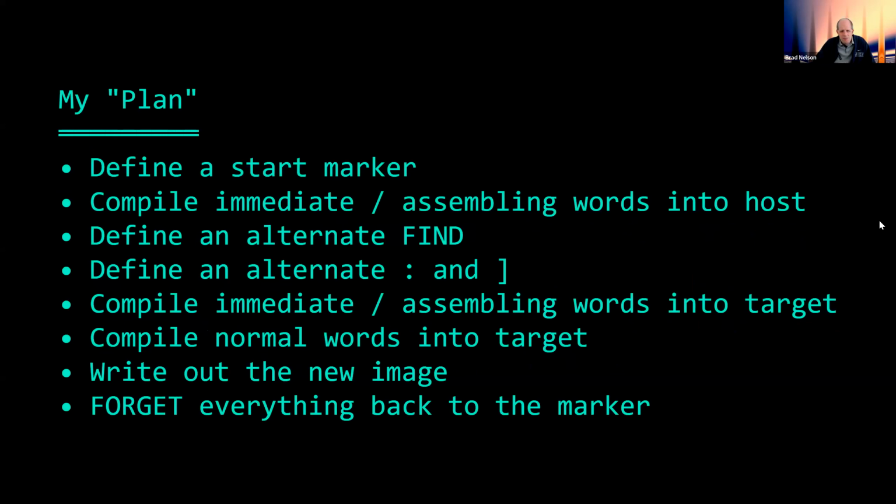So this is my fuzzy plan, and the notion is have a start marker, compile a bunch of words that are needed to be able to assemble on the target and as host words, and then define an alternate definition for searching the dictionary, and then building on that, rebuild colon and bracket, and then compile that same set of words to be the core words on the target, and then from there compile the rest of the words and emit the new image, and should have a Forth come out the other end.